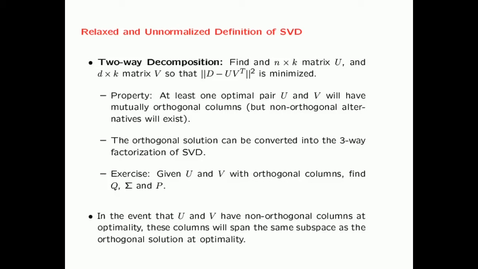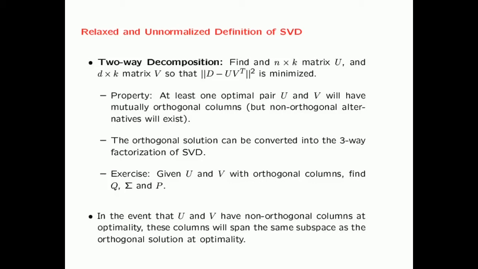And the way you can enforce that is by minimizing the sum of square entries in D minus U V transpose. So, one interesting property of this optimization problem is that at least one optimal pair U and V will exist such that the columns of U are mutually orthogonal and the columns of V are mutually orthogonal.